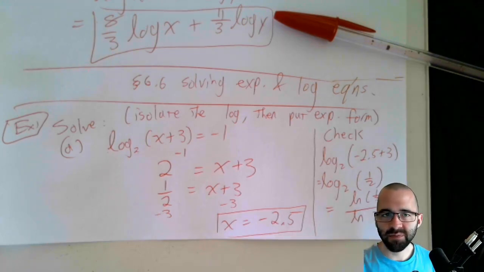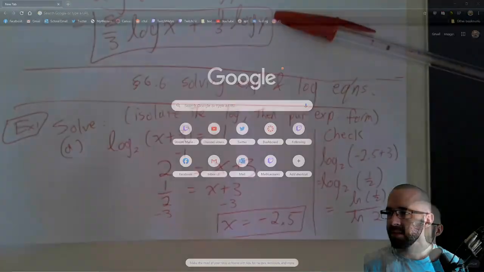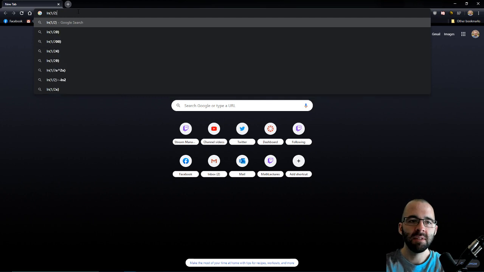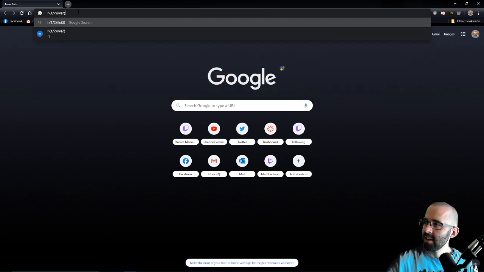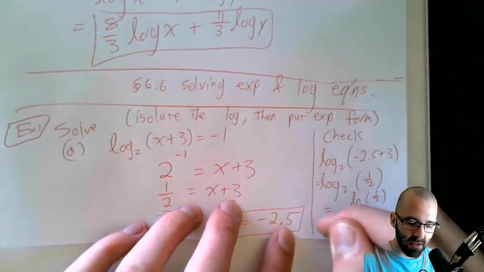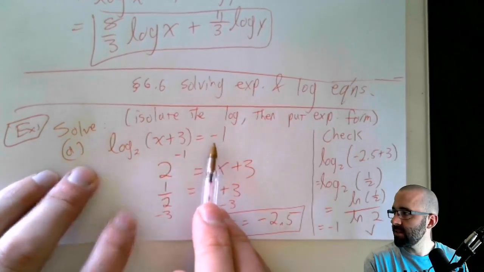So let's see what it is. Let's type it into our calculator, pretend this is a calculator. What is the natural log of 1/2 divided by the natural log of 2? Oh, it's -1, which is exactly what we wanted, right? We wanted this logarithm to equal -1.